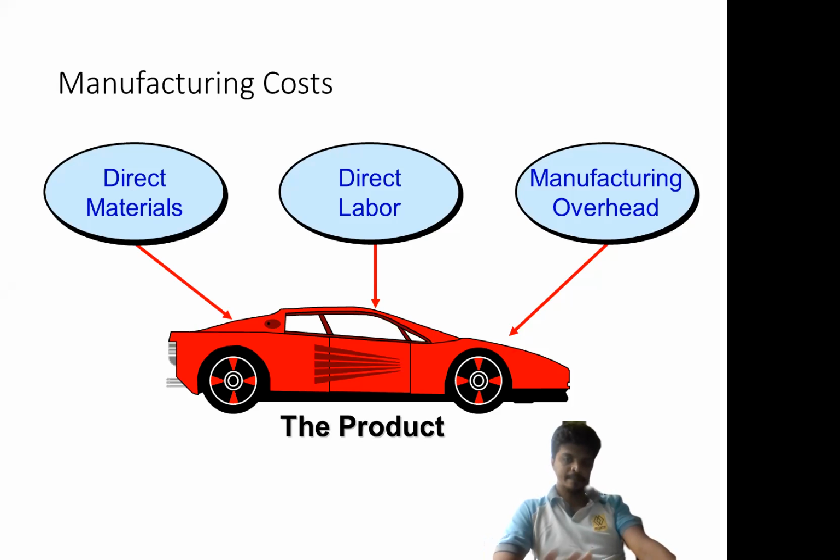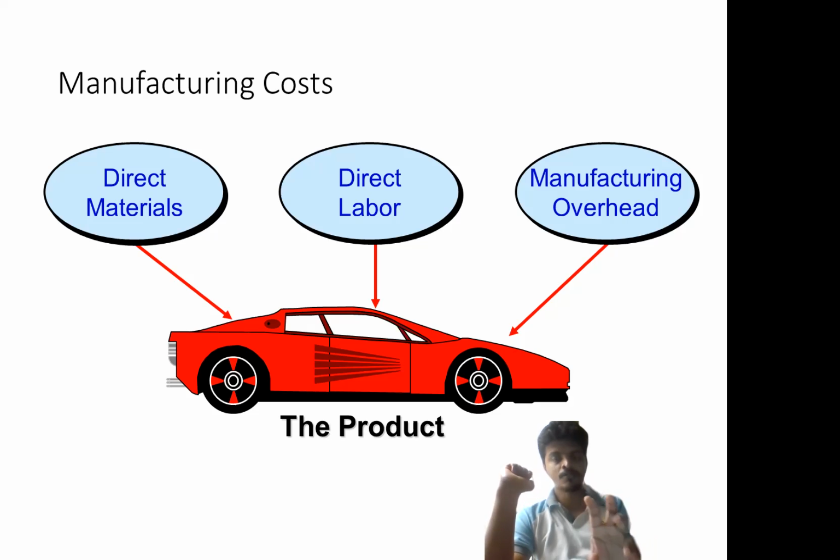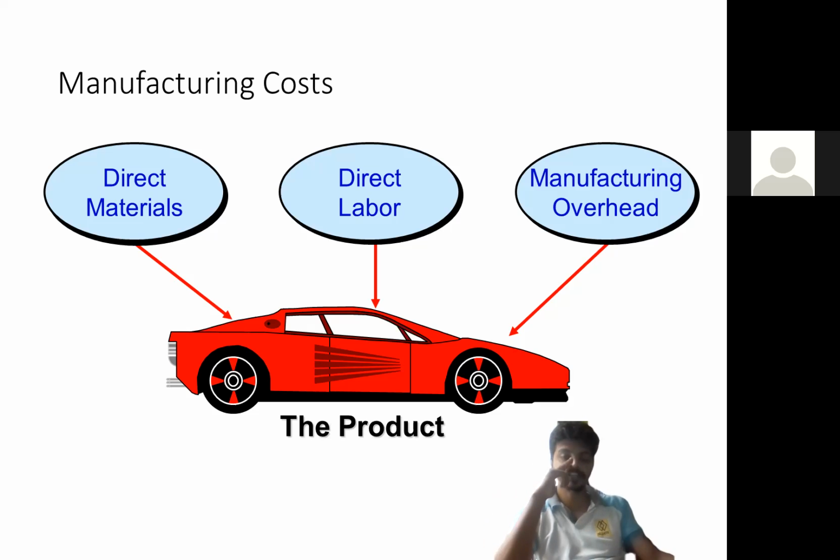As I mentioned here, we can categorize this into three categories: direct material cost, direct labor cost, and manufacturing overhead cost. I think you have studied these things. So please, can anyone tell me, what is known as direct cost? What is the meaning of direct cost?